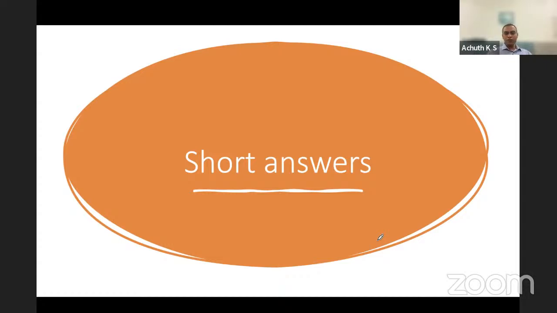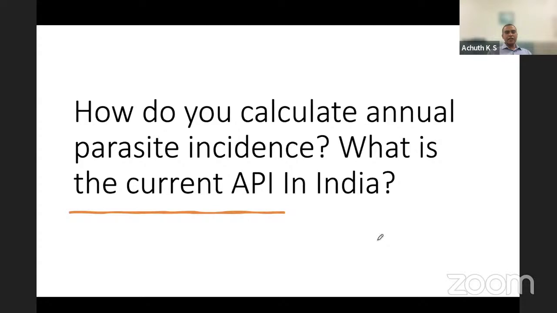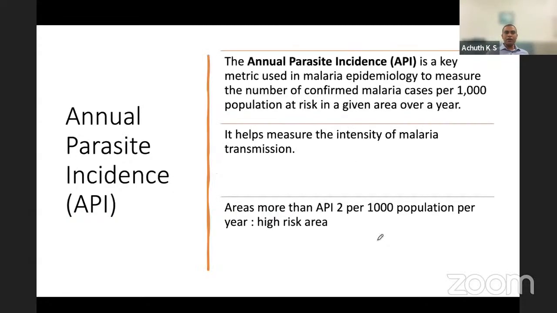Coming to the short notes. First, we'll calculate the annual parasite incidence and what is the current API in India. Annual parasite incidence is a key epidemiological measure of malaria per thousand population in a given fixed area. It helps you measure the intensity of malaria transmission. If API is 2 per thousand population in a year, we characterize that area as high risk.